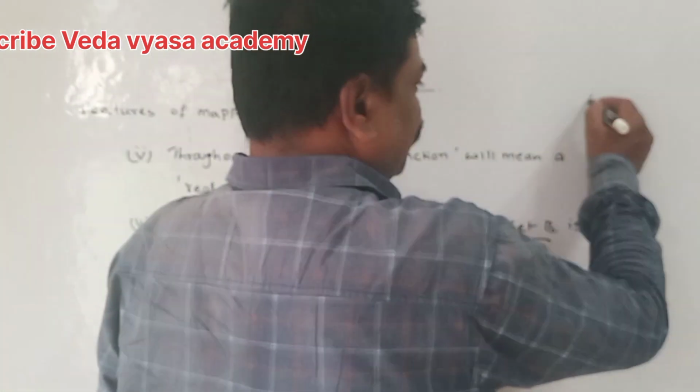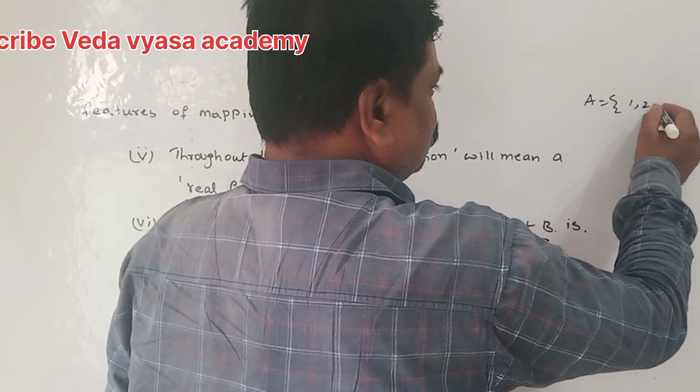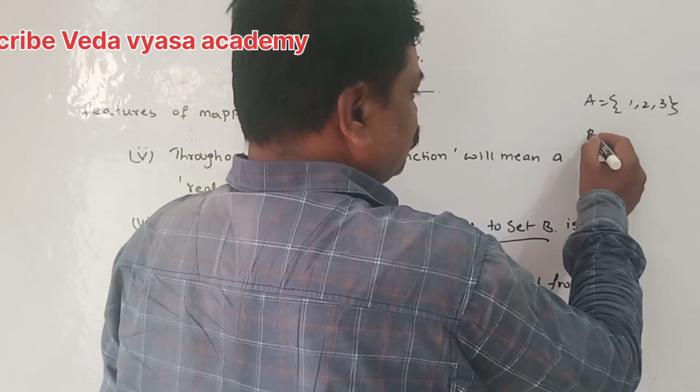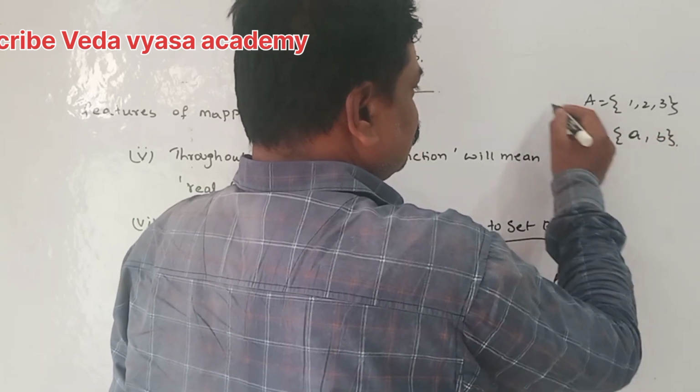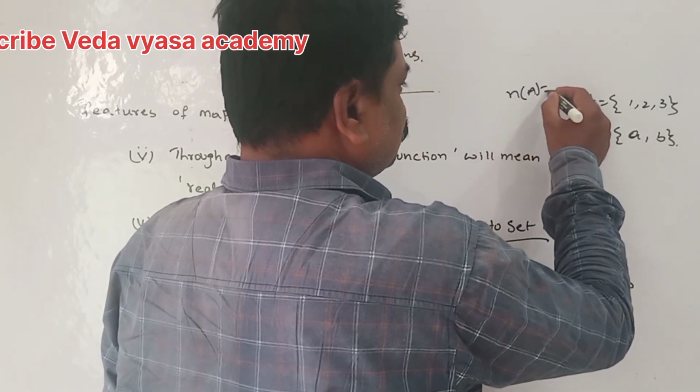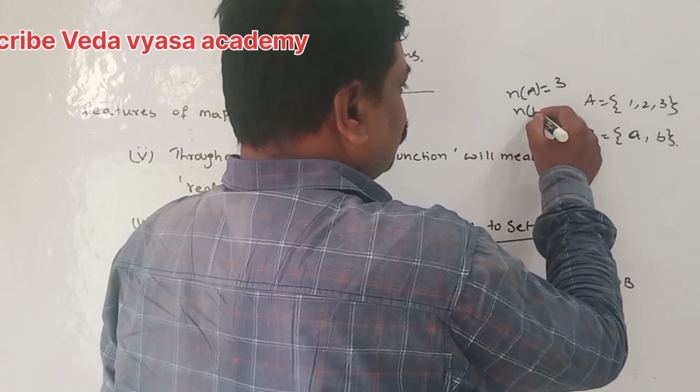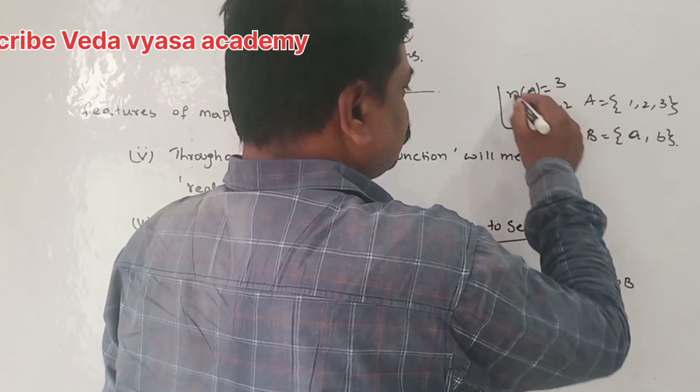Suppose set A is equal to {1, 2, 3} and set B is equal to {a, b}. Then the number of A is equal to 3 and the number of B is equal to 2.